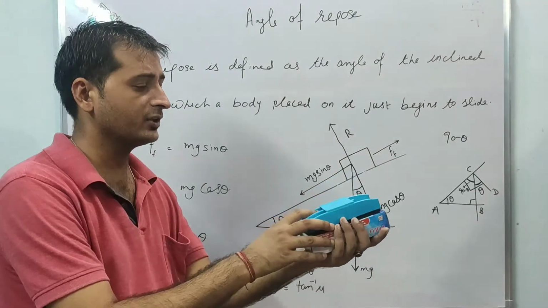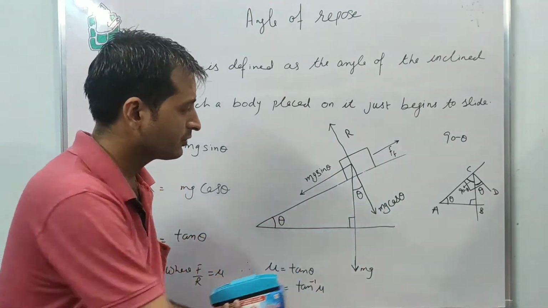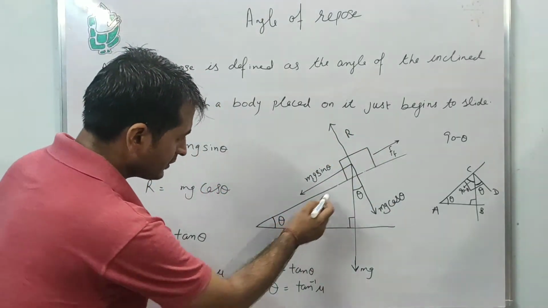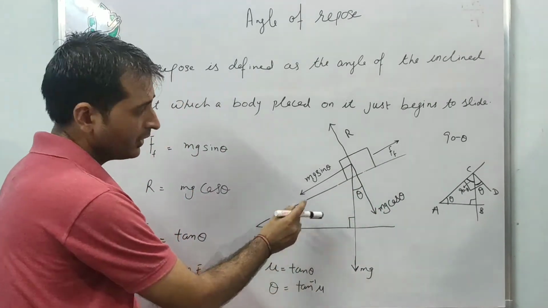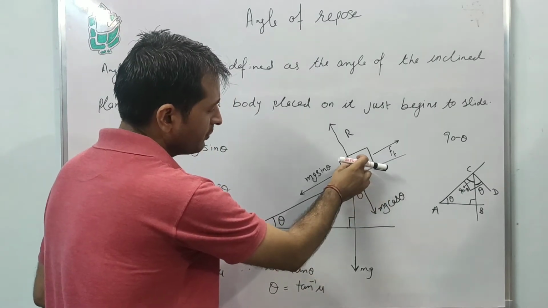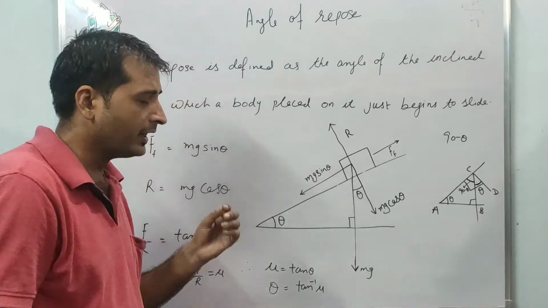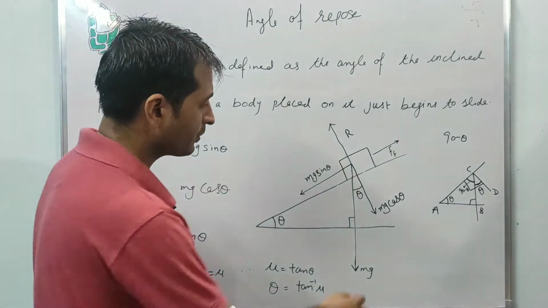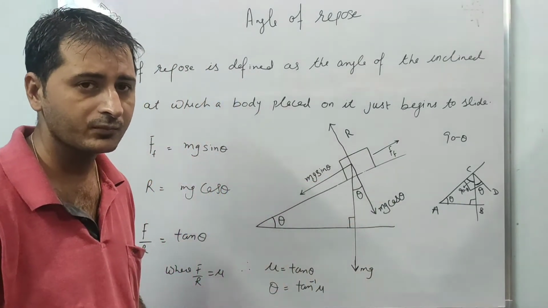Clear? It is at some inclination. So the diagram is similar to this, where this term highlights an inclination of angle theta, in which the body is here, putting a weight in the downward direction, which is mg. We resolve the mg into two components: mg cos theta and mg sin theta.